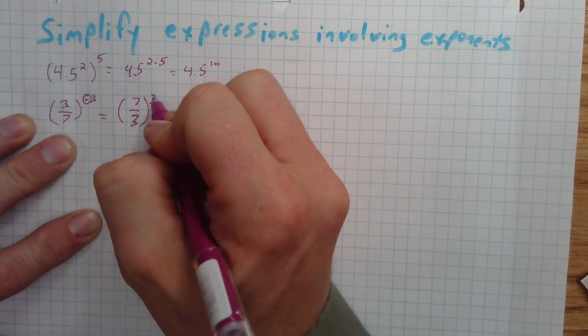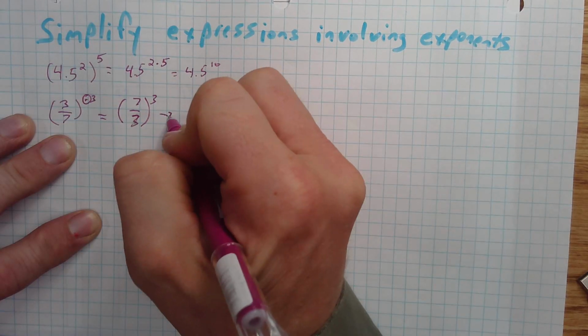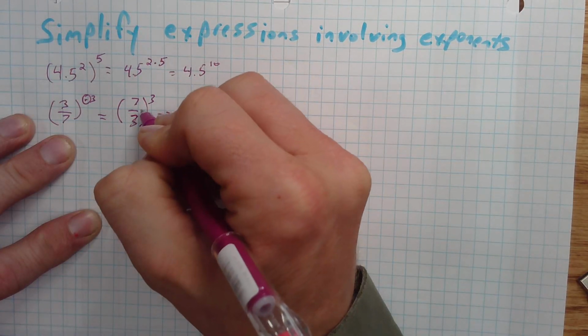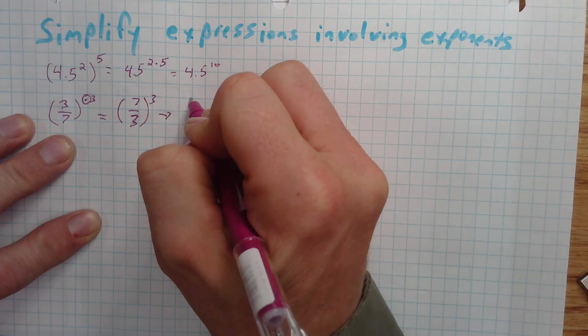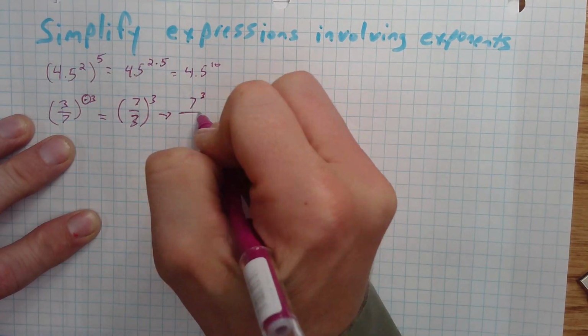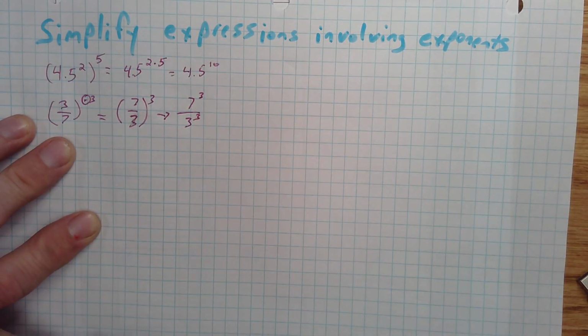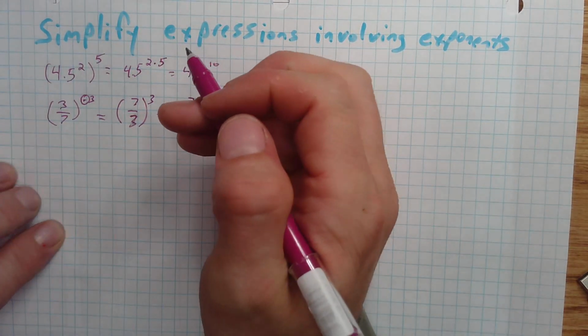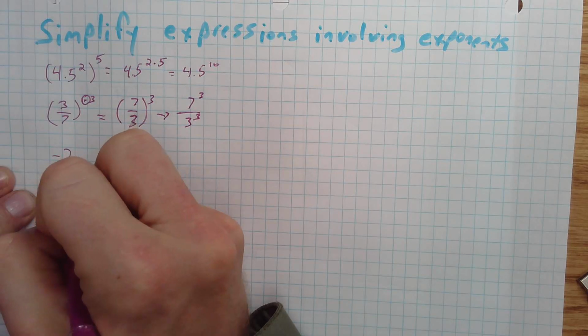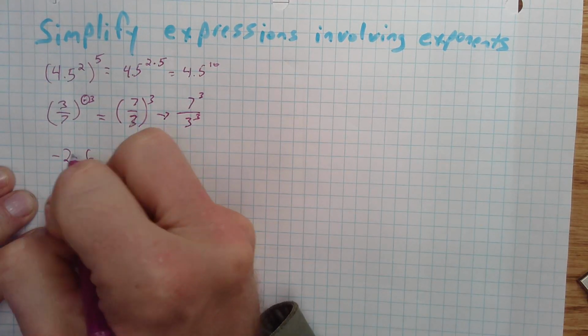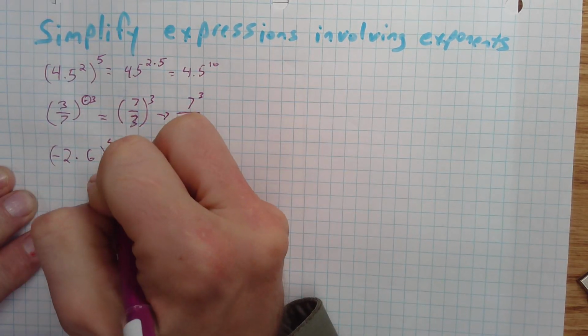Now, the third power is going to be distributed to both the numerator and the denominator, yielding 7 cubed divided by 3 cubed. That's the equivalent expression.